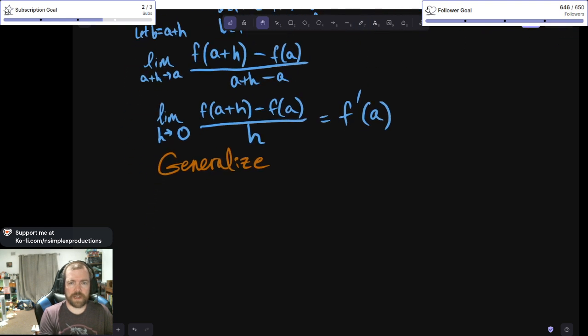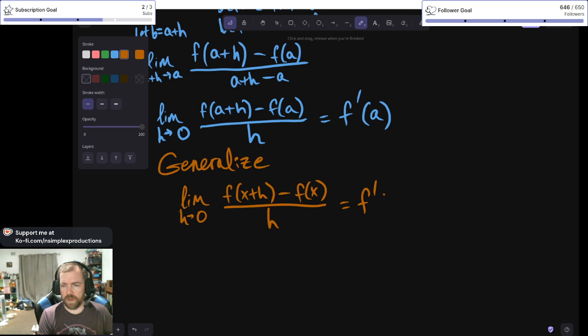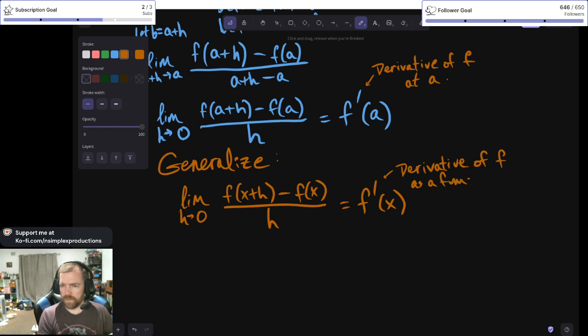So instead of f at A or f at A plus H, we say that this is now going to be taking the limit as H goes to 0 of f of x plus H minus f at x over H, as H goes to 0 is going to be equal to f prime at x. Right, whereas this version is the derivative of f as a function of x.